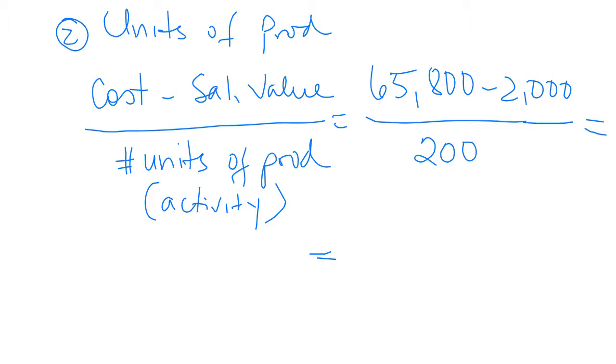When I do that, $65,800 minus $2,000, the depreciable cost is $63,800. When I divide that by the 200 concerts, I can see that the sound equipment will depreciate at a rate of $319 per concert. So every time the company plays a concert, they will depreciate $319 of the equipment.